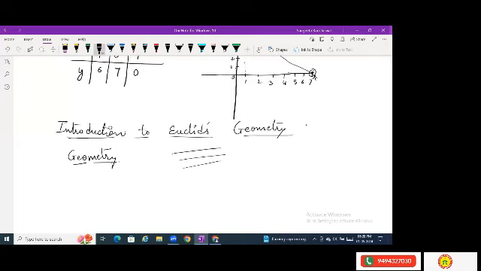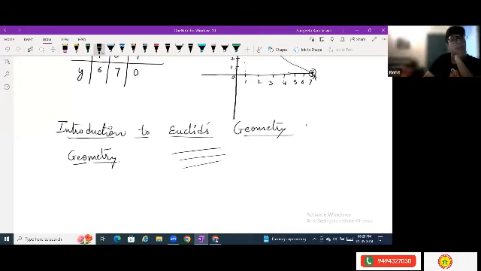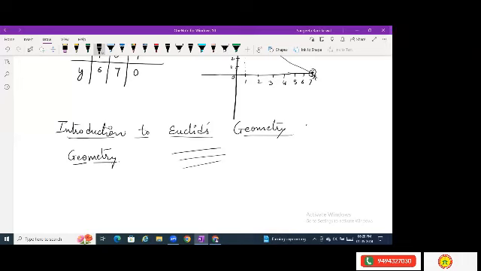If you go back to the ancient times, Harappa civilization and even before that, even if you find some archaeological things under the ground, you get to see these geometrical structures there.